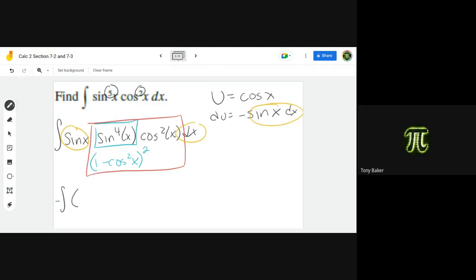And then I end up having 1 minus u squared, squared, and then u squared on the outside. Put parentheses around it, u squared. Does that make sense?